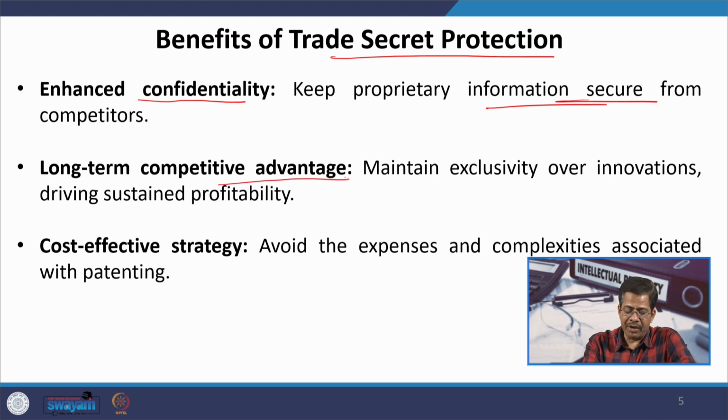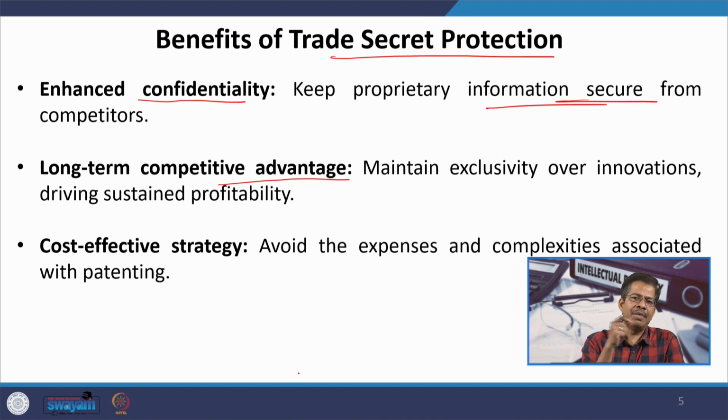Long term competitive advantage, because it is a perpetual kind of protection. If you are able to have a good trade secret which gives you some kind of advantage, you will be able to maintain that advantage for the long term, and there will be no scope for your competitor to come with a better product, because they will come with a better product only when they know what your current product is, because there is no information available about your current product.